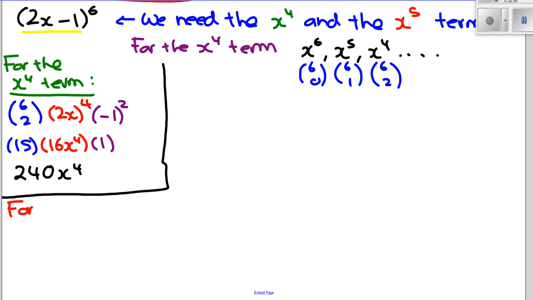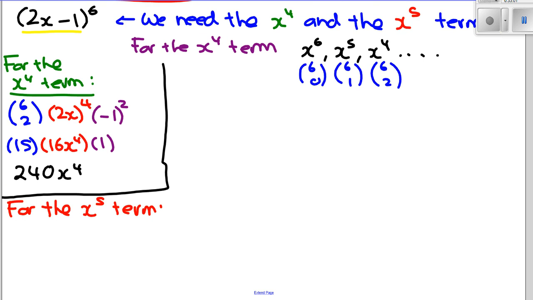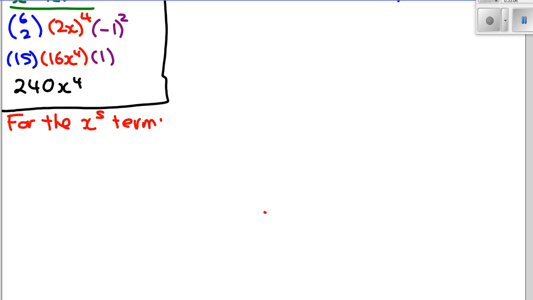The x to the 5 term. So as you can see above, our little binomial coefficient 6, 1 is what we're using. What's going to be my exponent on 2x? 5, yeah, good. N minus r. And what's going to be my exponent on negative 1? 5, r in that case.